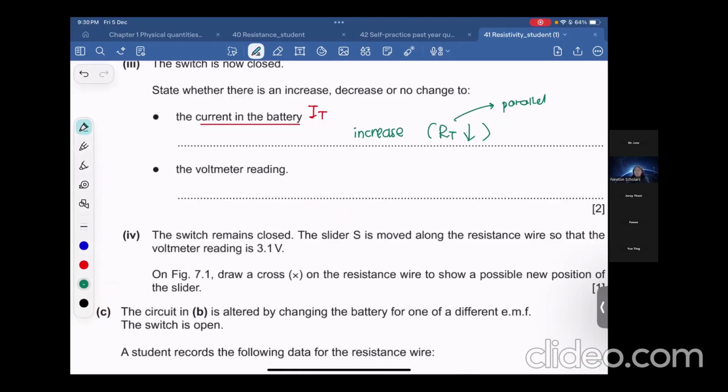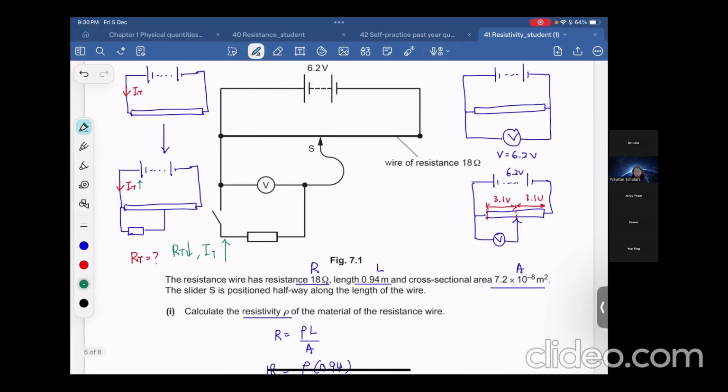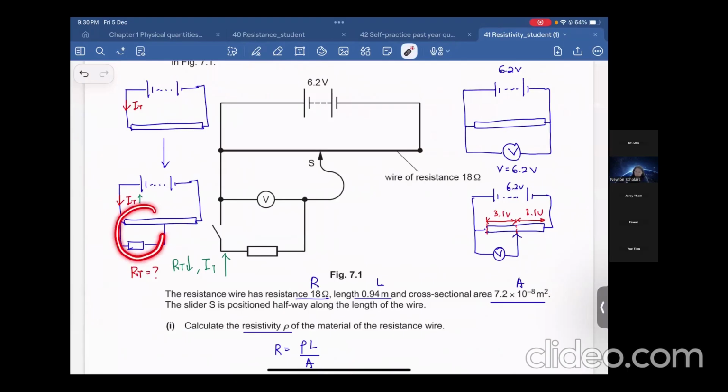Okay, what happened to the voltmeter reading? Any of you know? What happened to the voltmeter reading? When this part resistance decreases, what happened to the voltmeter here? This part resistance decreases. Will it get more share or less share?